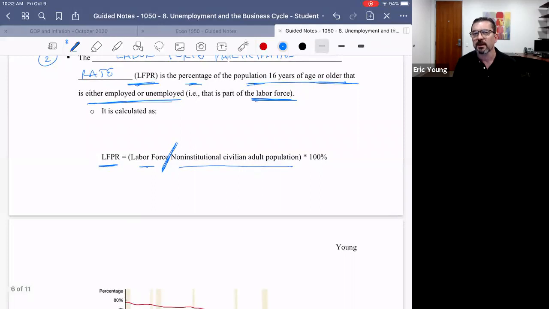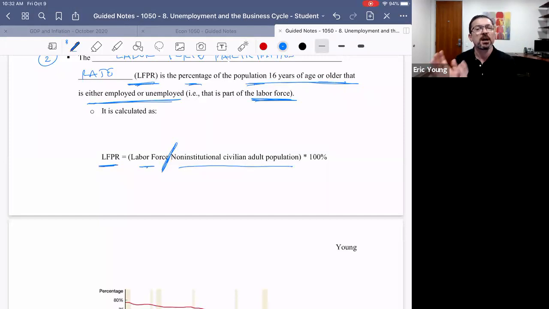The unemployment rate indicates if you want a job, how easy or difficult will it be to get it? A low unemployment rate implies a healthy labor market. So if you want to get a job, you've got a good chance of getting one. A higher unemployment rate implies a pretty shaky labor market. So if you want to get a job, you may have some issues.